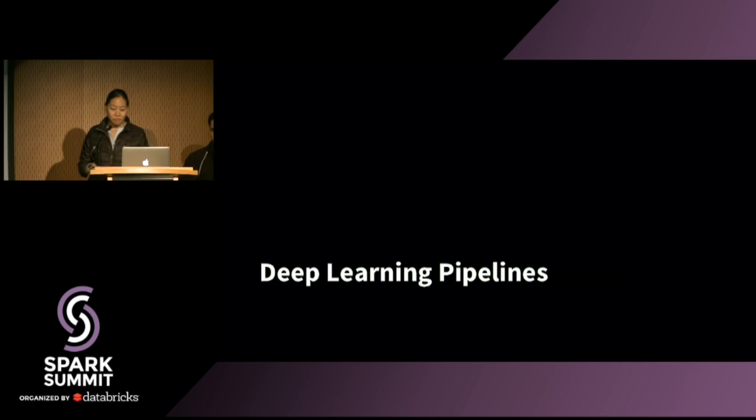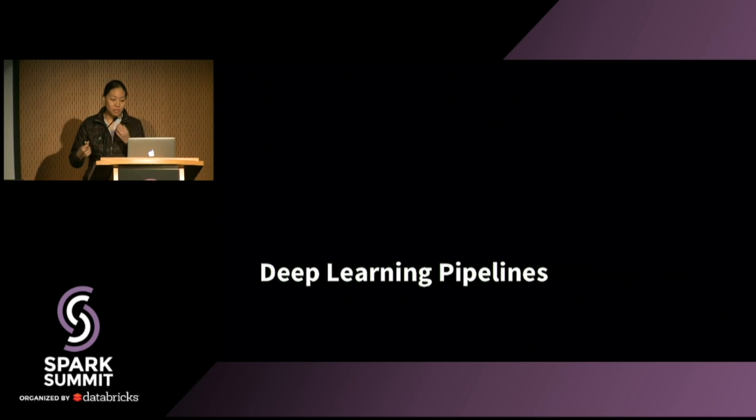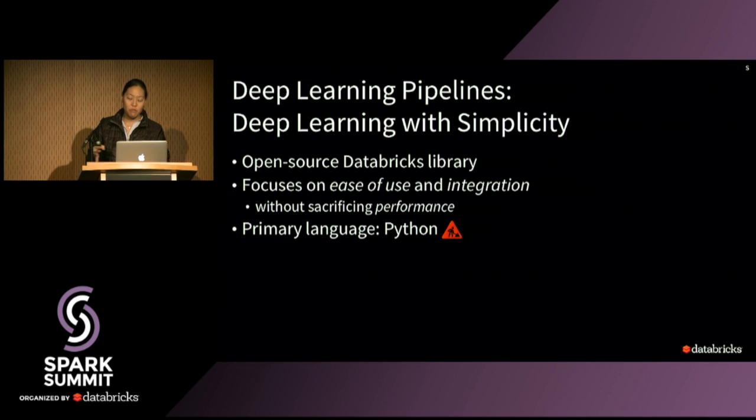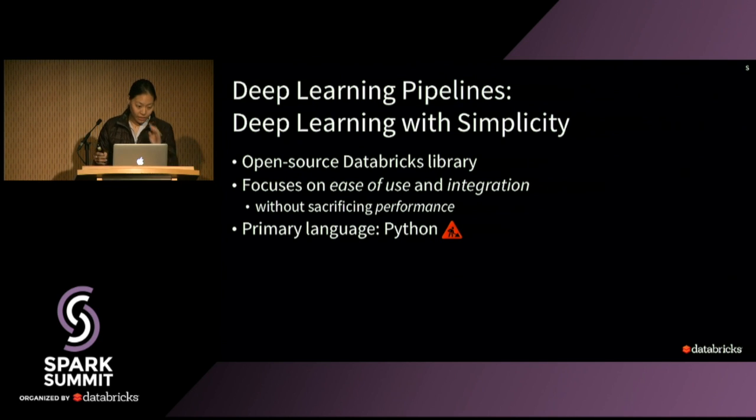Okay, so that's why we built Deep Learning Pipelines. As the demo this morning tried to show, it really focuses on deep learning with simplicity. This is an open source Databricks library, which means it's open source, but we authored it in the beginning. Again, it focuses on ease of use and integration.